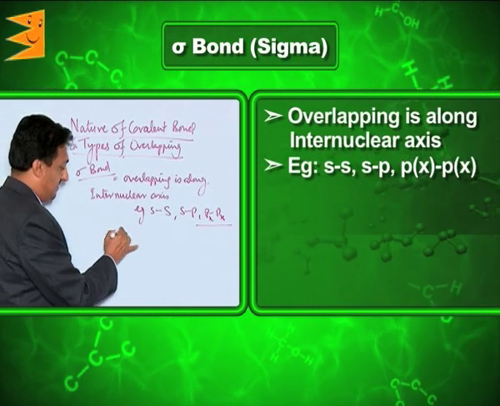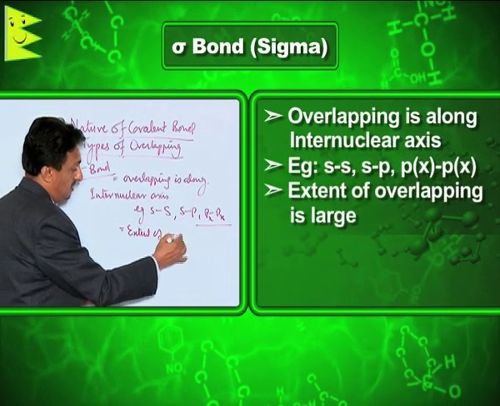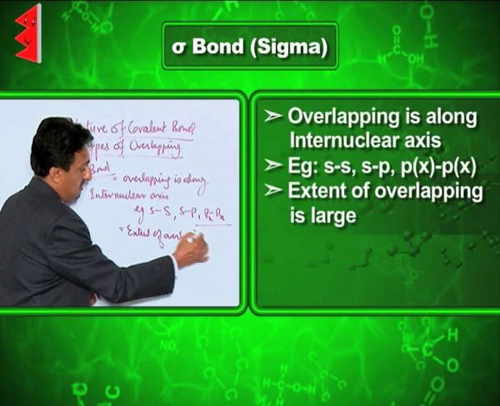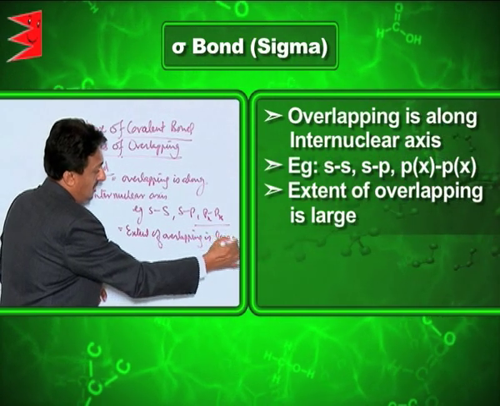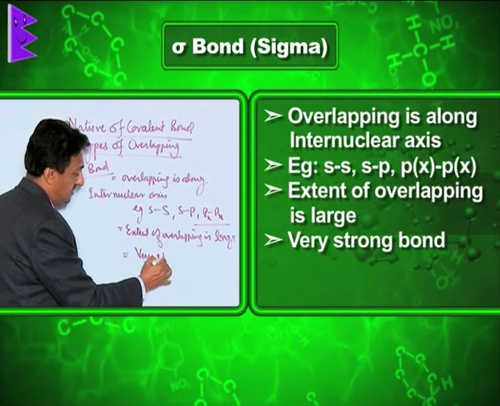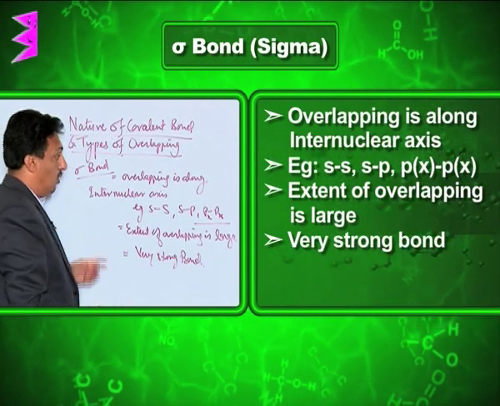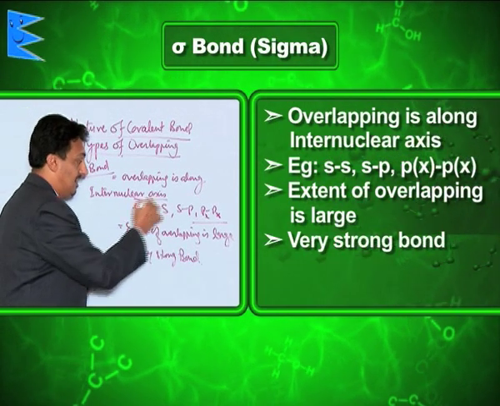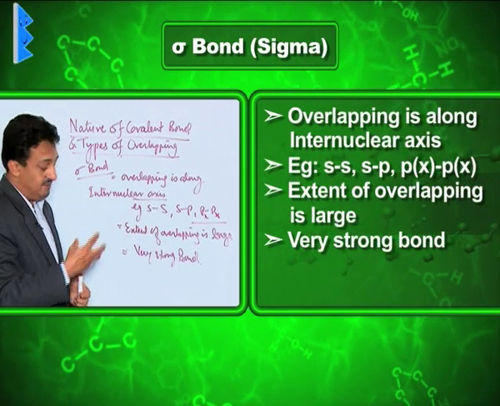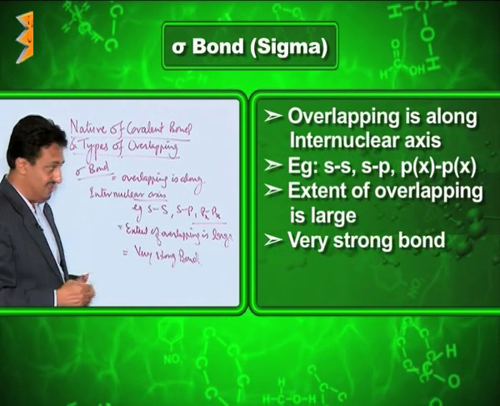In this case, the extent of overlapping is large. Therefore, it's a very strong bond. Overlapping is along the internuclear axis. So these are the basic properties which make the sigma bond very strong.